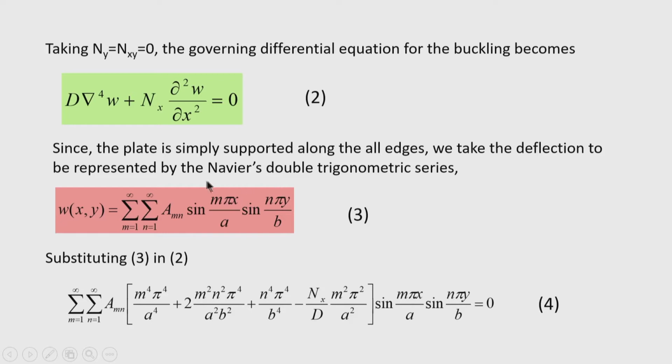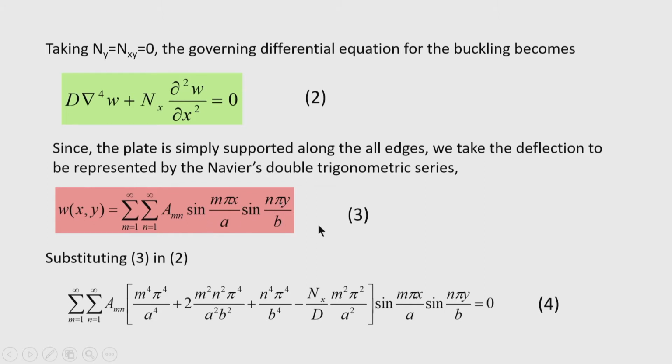Okay. So, let us see how it satisfies the boundary condition in a simply supported plate. If the edge x equal to 0 is simply supported, then w becomes 0. Again, if the edge y equal to 0 is simply supported, then w is 0. Now, for the bending moment to be 0 at x equal to 0 or x equal to a, or y equal to 0 or y equal to b, we should take the second derivative of this equation with respect to x, and also with respect to y.